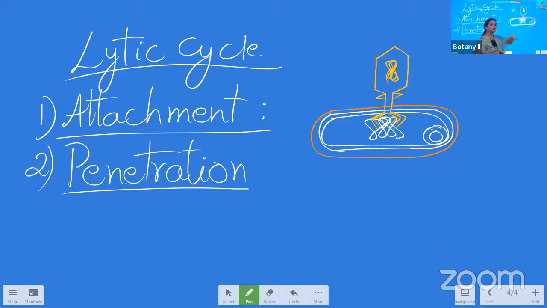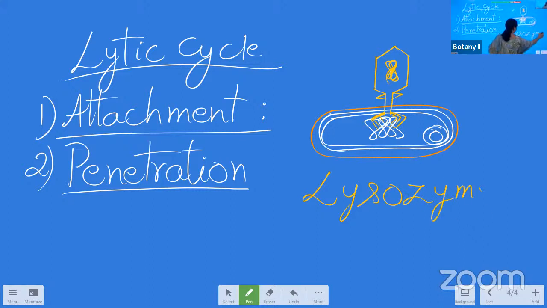The tail plate also goes, so the tail plate and tail pin go completely into the bacterial body. This is done by the release of enzymes over here. Which type of enzyme do they release? Lysozyme. They will release the lysozyme enzyme.